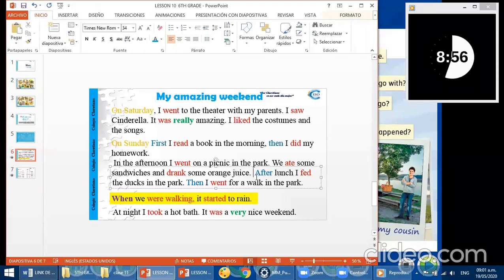Good. Thank you. Okay. As you can see, you can change some parts. This is only the model. Remember, if you talk about cinema, mention the name of the movie. You can mention what time the movie finished. What happened after the movie?